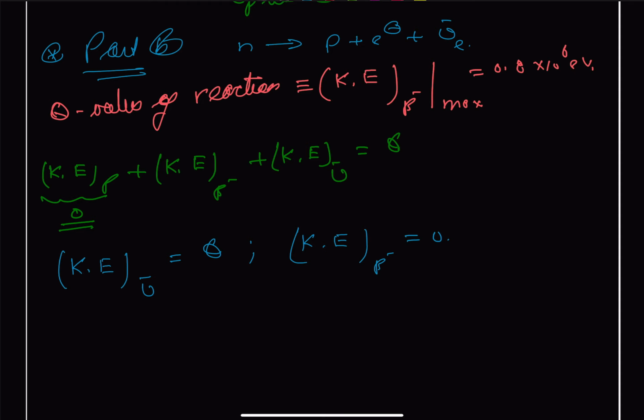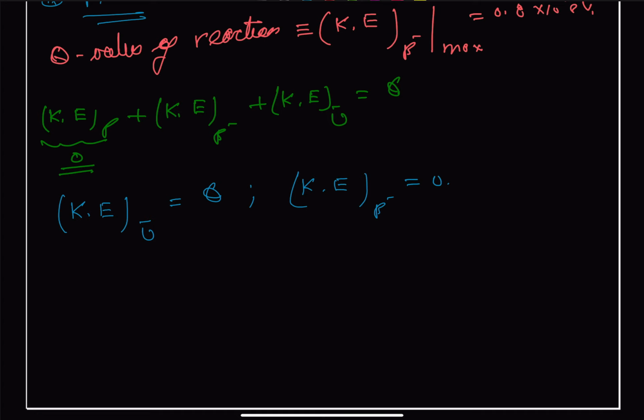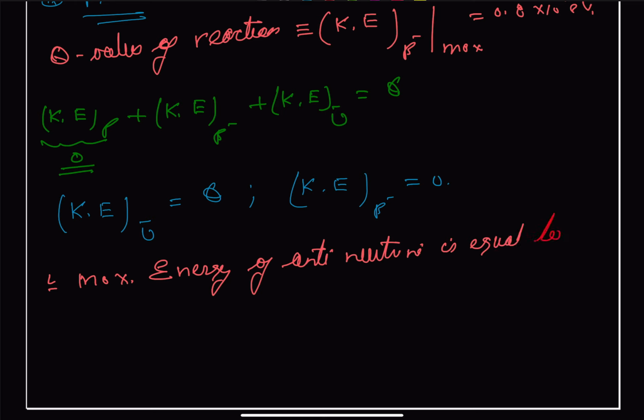And therefore, we can say that the maximum energy of the antineutrino is equal to the maximum kinetic energy of the electron.